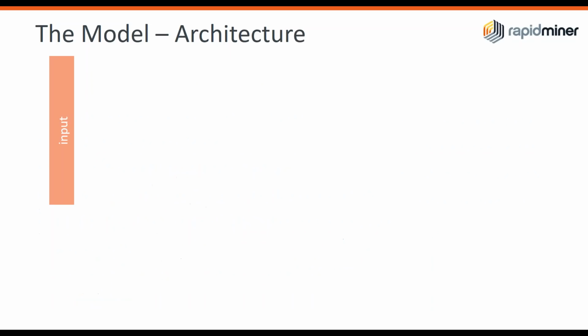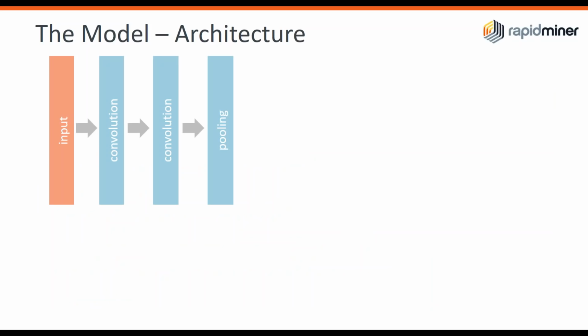So when setting up a model architecture, you would always start with the input. Then often you have a convolutional layer and maybe another convolutional layer, and then a pooling layer to reduce dimensionality. And often the size of the filters changes over time and the number of filters as well.